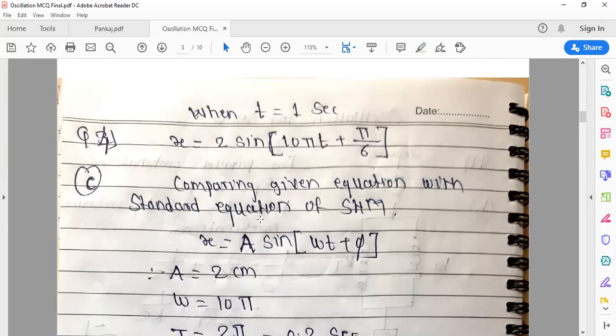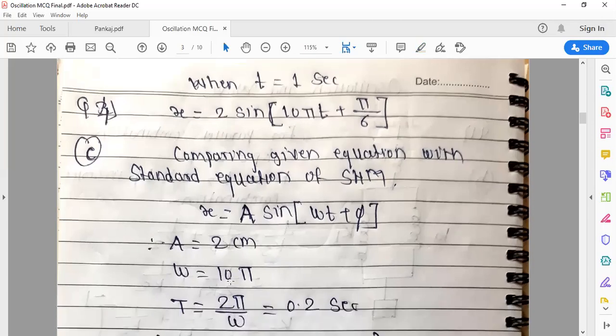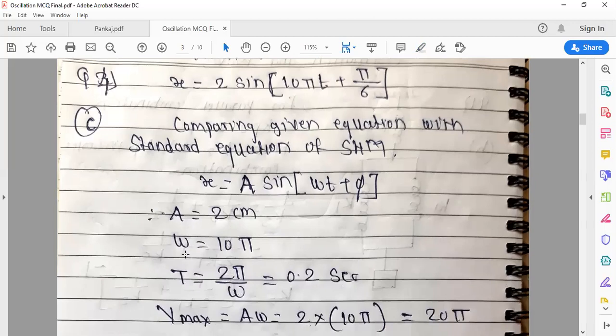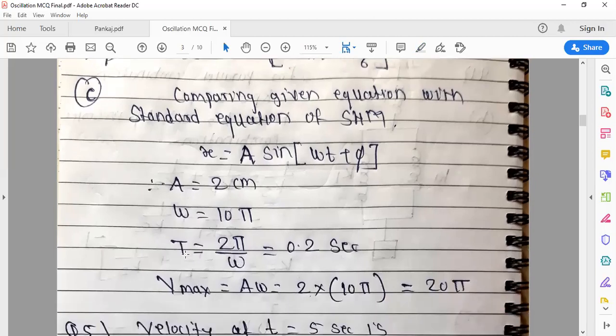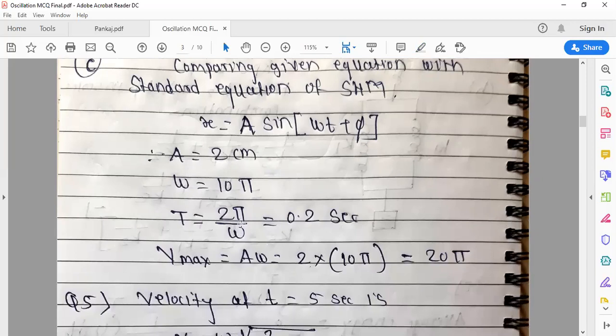Compare this given equation with the standard equation of simple harmonic motion, x is equal to A sine of omega t plus phi. When you compare it, we get the value of amplitude, angular frequency, as well as periodic time. Put the value of omega 10 pi, so we get 0.2 second.